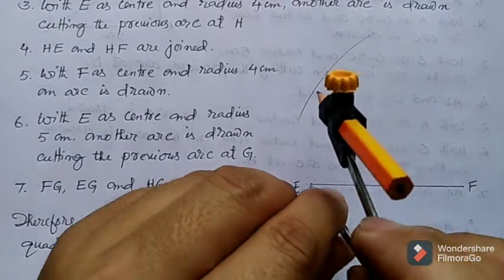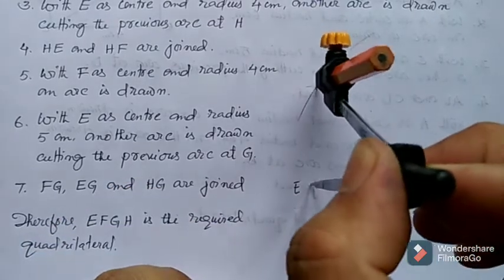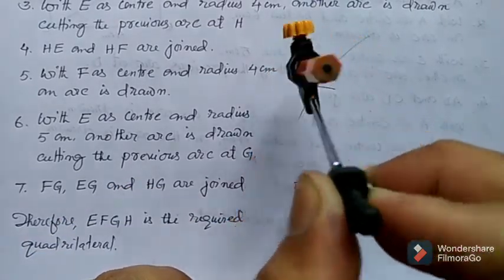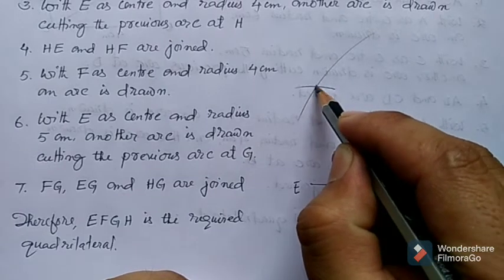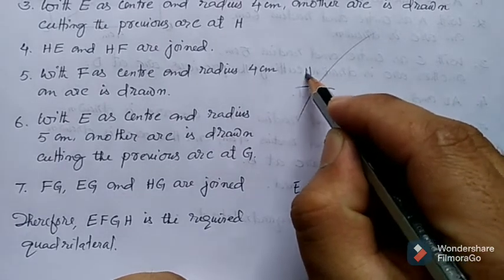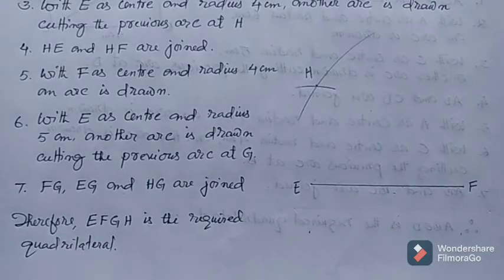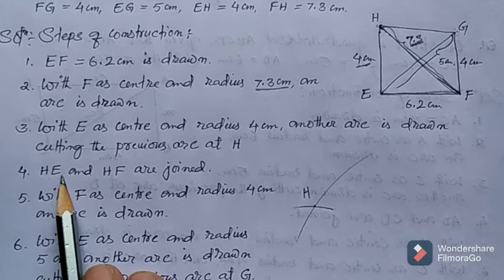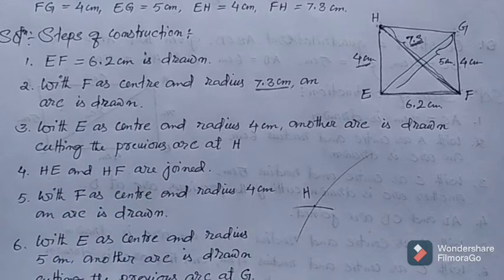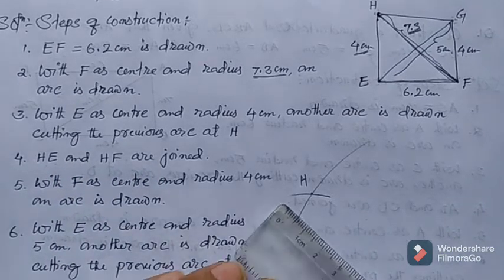Taking E as center, we cut the first arc at one point, and you can see the two arcs intersect at one point, and this point is H. The next step, step number 4, HE and HF are joined. Now let's join them by using the scale.